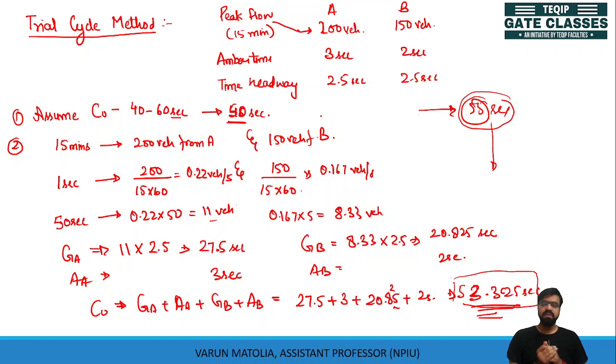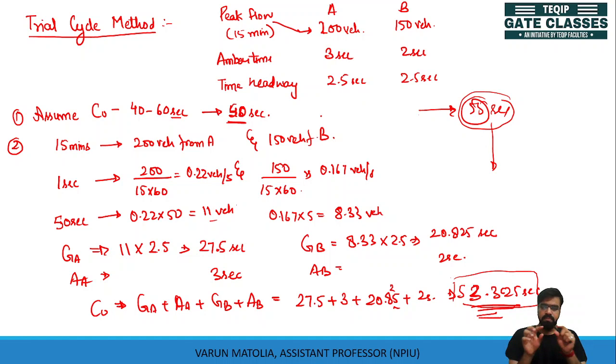The next method which we are going to study is the approximate method. Look, these values will not be asked in GATE examinations because these complete numericals are very lengthy, and they don't want you to design a traffic signal in the GATE examination.